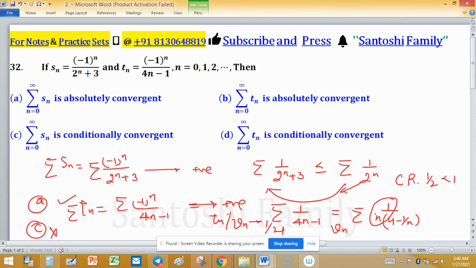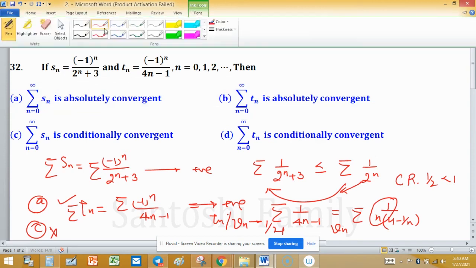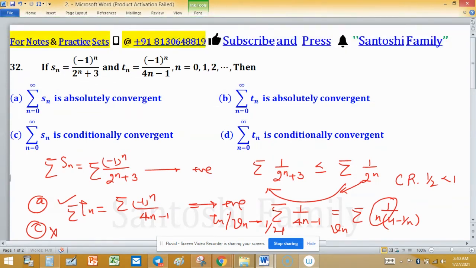Tn positive and Vn behave alike. Vn is 1 upon n, which is divergent. So the positive term series Tn is also divergent.